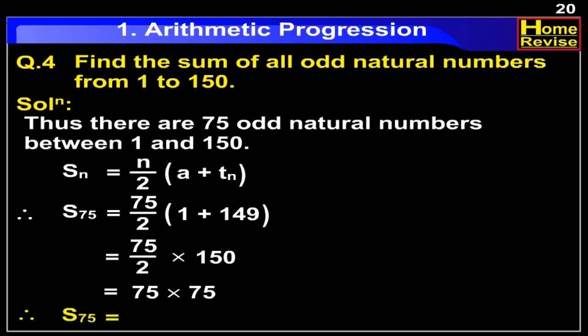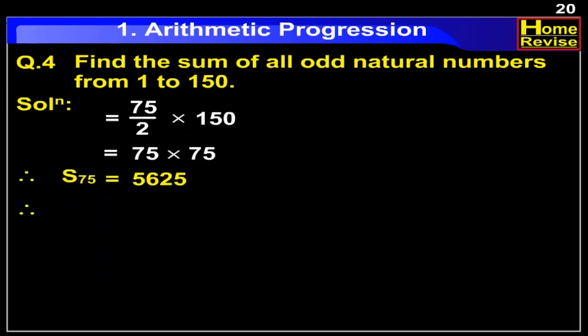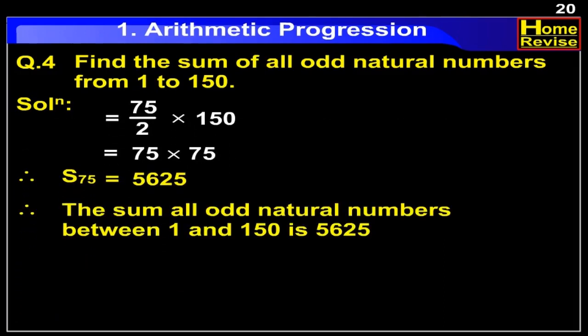Therefore, S75 is equal to 5625. Therefore, the sum of all odd natural numbers between 1 and 150 is 5625.